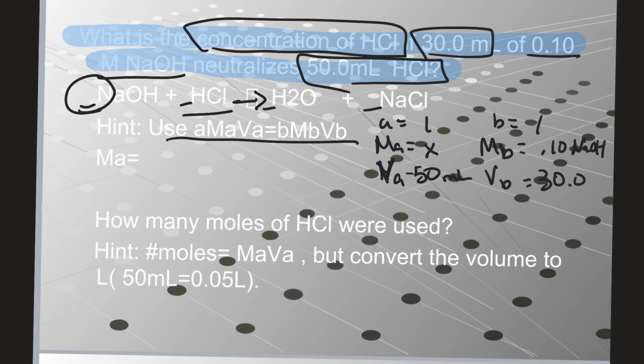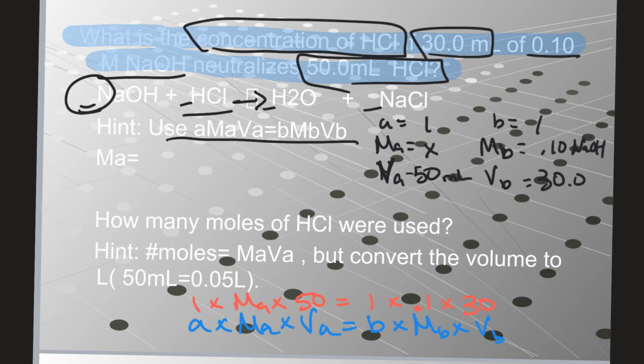Now all I have to do is solve for X. Written out, you have 1 times MA times 50 equals 1 times 0.1 times 30. It's just substituting the numbers where they belong in A times MA times VA equals B times MB times VB.